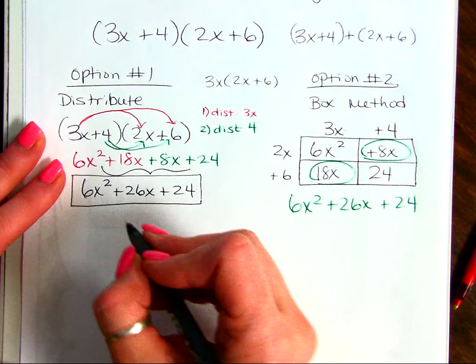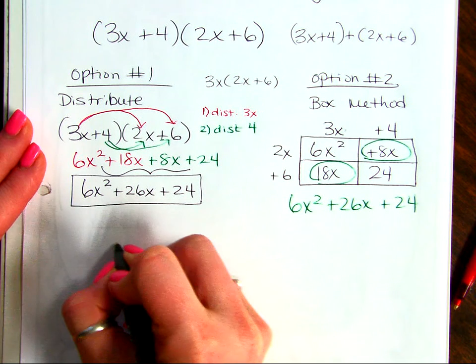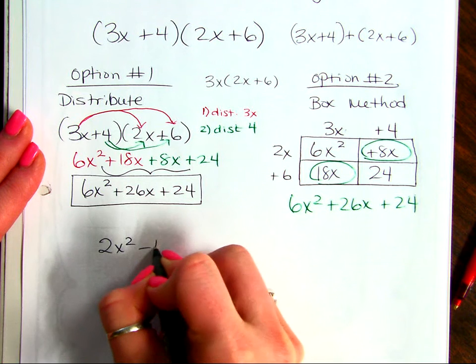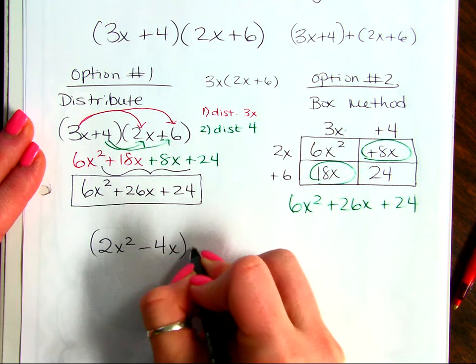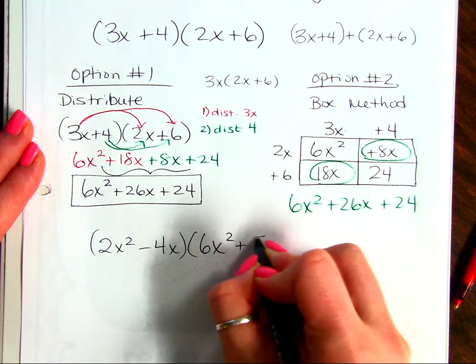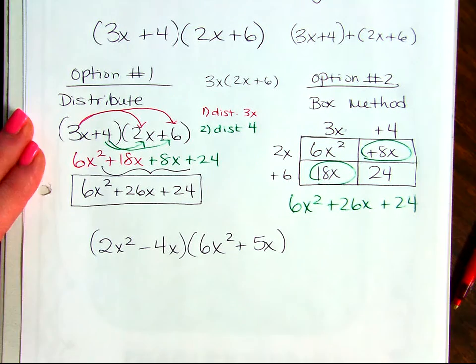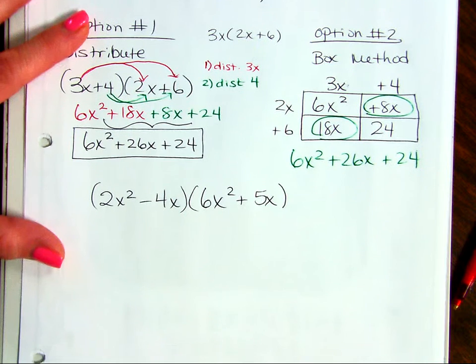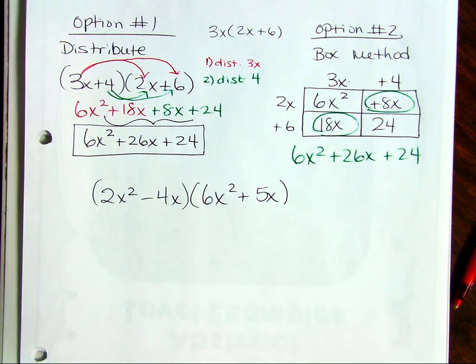Pick a way, whichever way you like. 2x squared minus 4x times 6x squared plus 5x. Go with your instinct. What is your instinct way to do that? We're doing a little experiment here. Which way feels the most natural to you? And then do it that way.